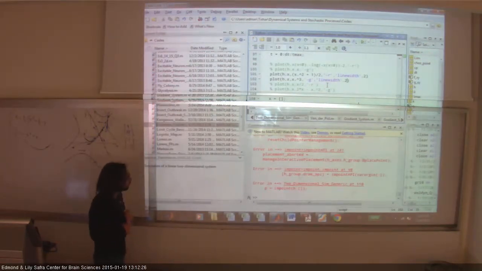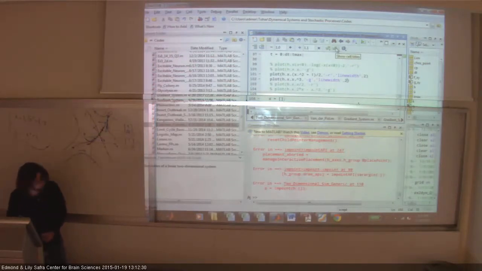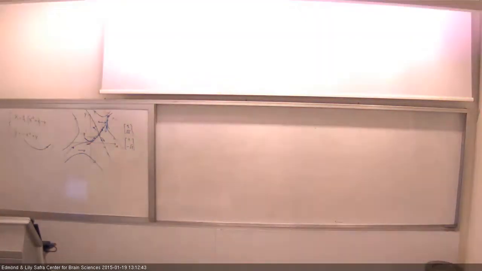The next example we're going to see, okay, I can turn off the projector for now. The next example is a population model, which is a nonlinear two-dimensional system.